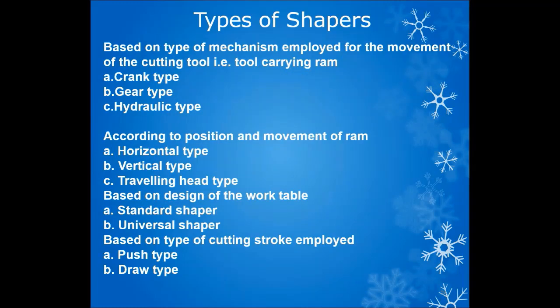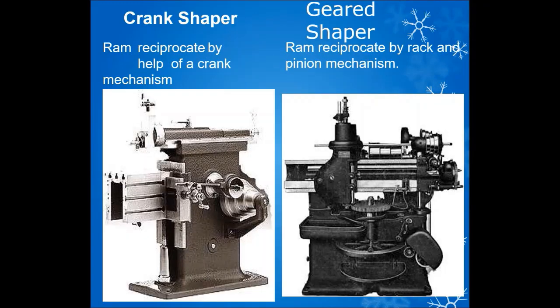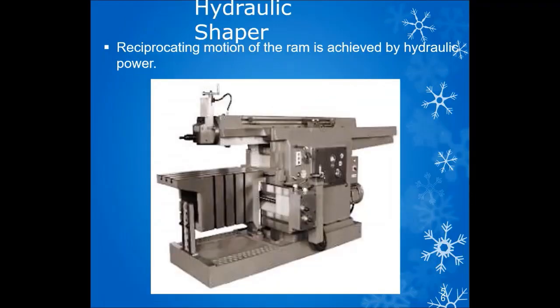Shaping machines are of different types: horizontal type, vertical type, traveling head type, etc. In the crank shaper, the ram reciprocates by the to and fro motion of the crank. In the hydraulic shaper, reciprocating motion of the ram is achieved by hydraulic power.